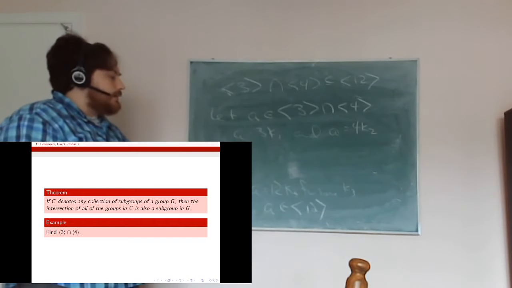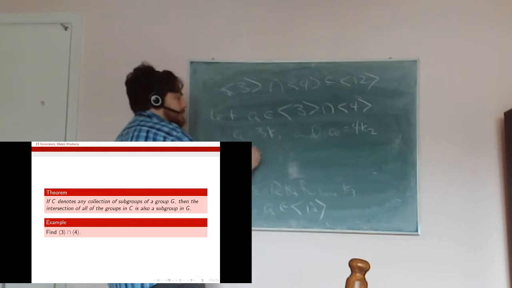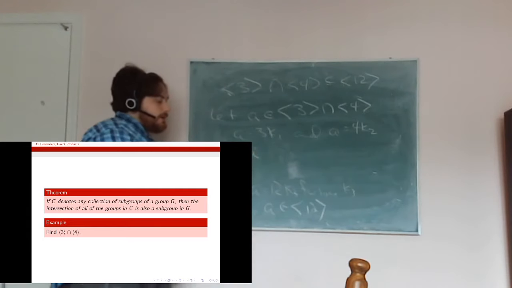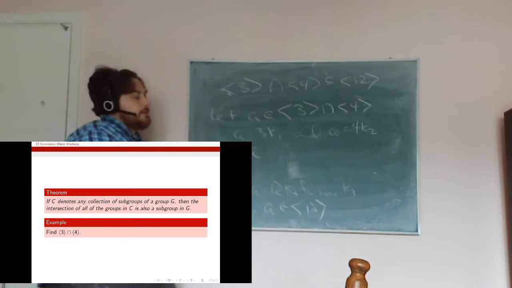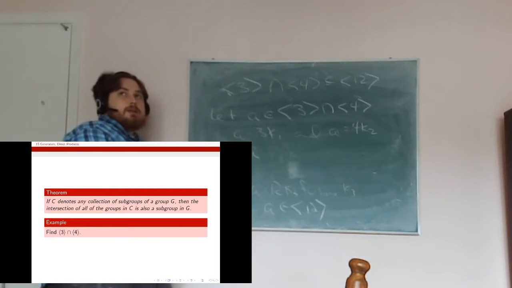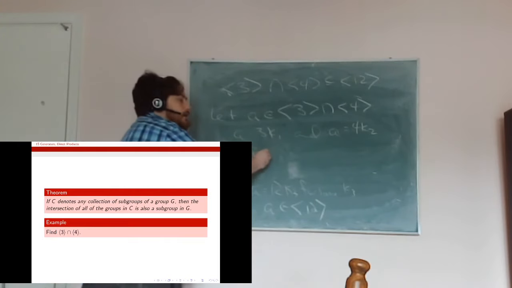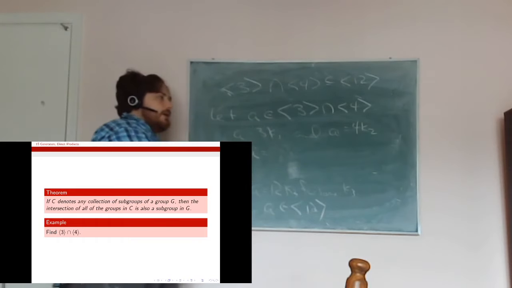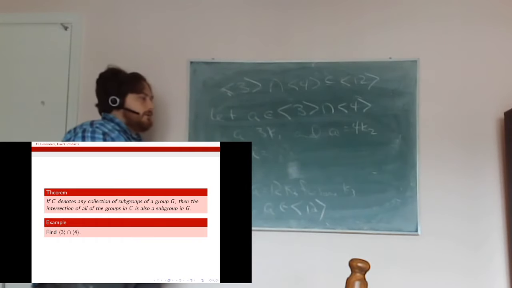So now if I try to look at this, very good. If I do this and I take a squared, I do get 12k1k2. So I know that a squared has to be in there, but I don't necessarily know a has to be in there. And knowing that a is 3k1 and a is 4k2 doesn't really help me out all that much, because I want to multiply them to get 12, but I can't do that because then I end up with a squared.